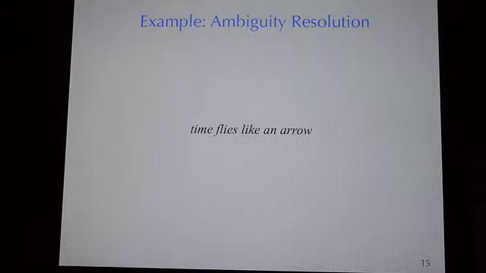However, if you think about how a speaker of English actually interprets this sentence when they hear it for the first time, you have to appreciate how difficult the task is to decide what the sentence means. Because each component in this sentence is ambiguous to a large extent. For example, the first word time can be used in several different senses.